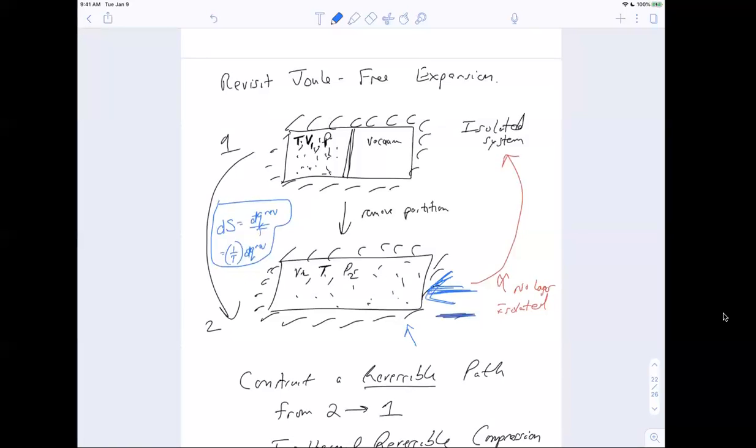As another side note, we know that the entropy of an isolated system increases for all irreversible processes, and there's nothing ideal in the world.